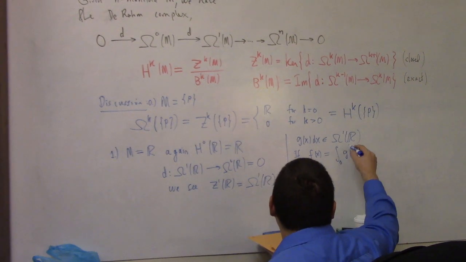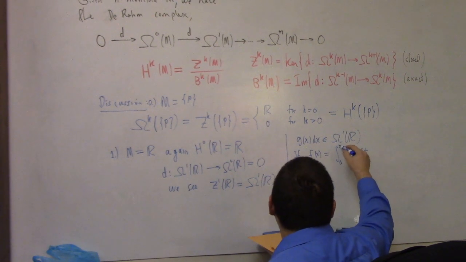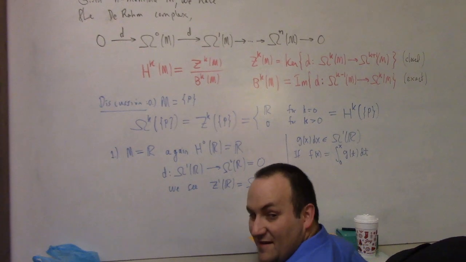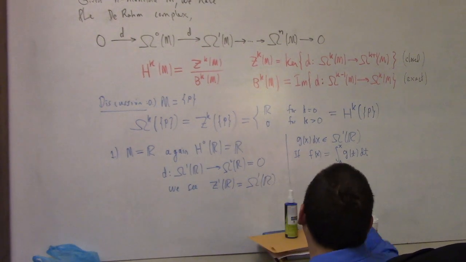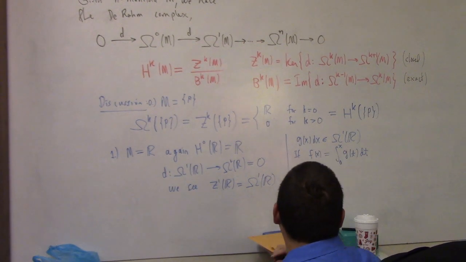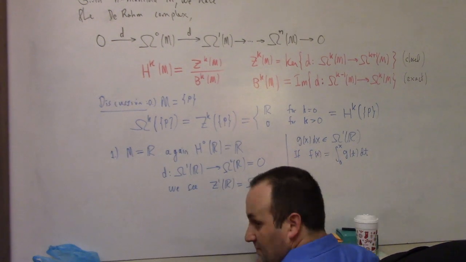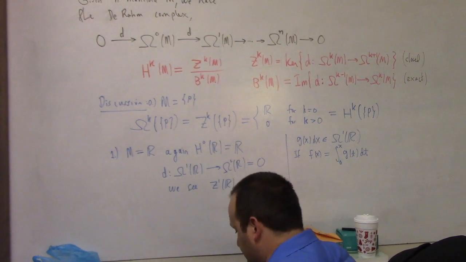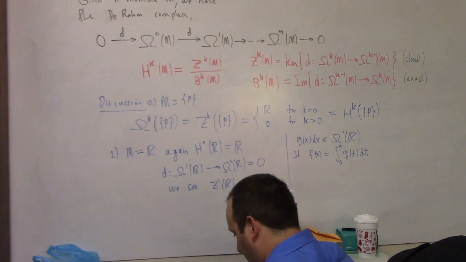Now he's got g of x dx, but I think that's bad form. And obviously the exterior derivative of this is that. So, thus what? What's that show? It's a boundary. Or a co-boundary.